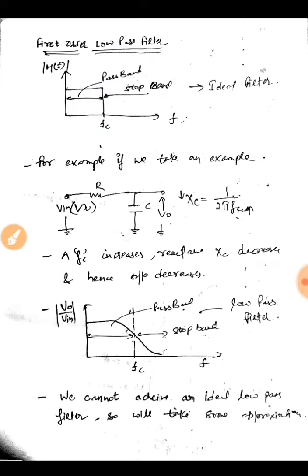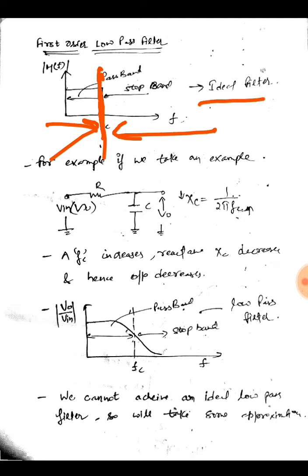This is the case for an ideal filter, in which we can see there is a very well-defined differentiation between the stop band and the pass band, and we have a cutoff frequency which is well defined. But it is an ideal filter which is not practically possible to design. So we will always have a filter that is an approximation of this filter.